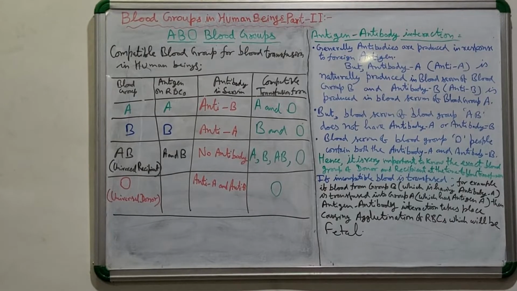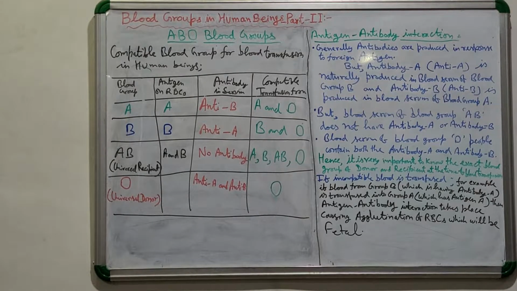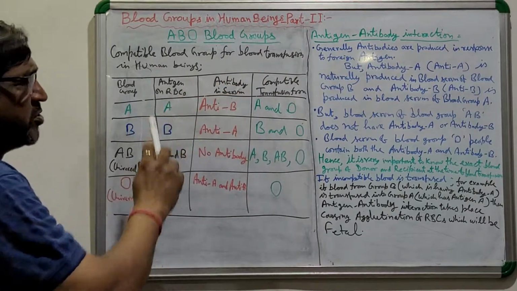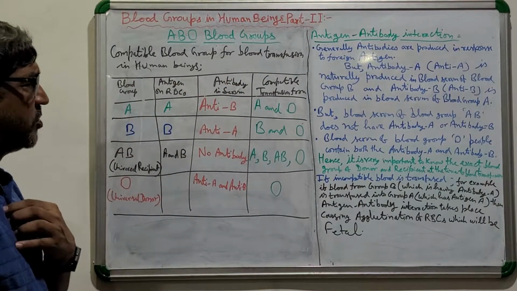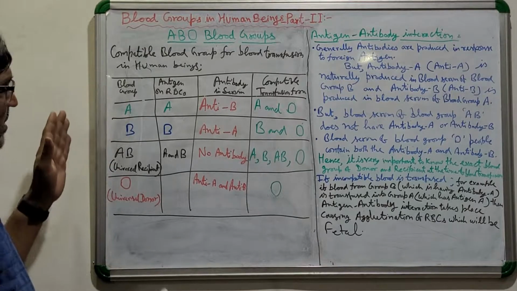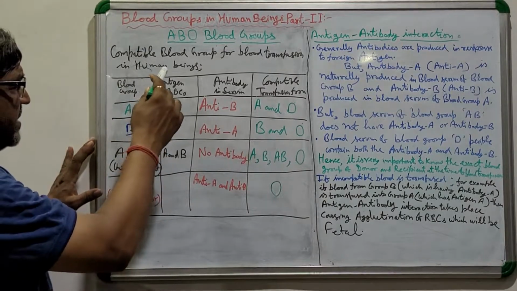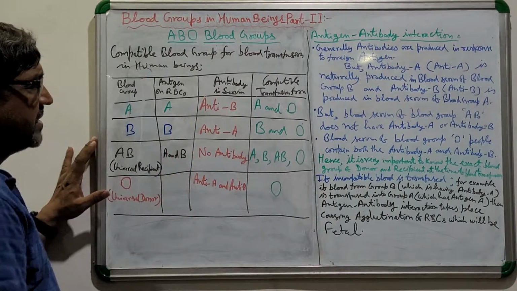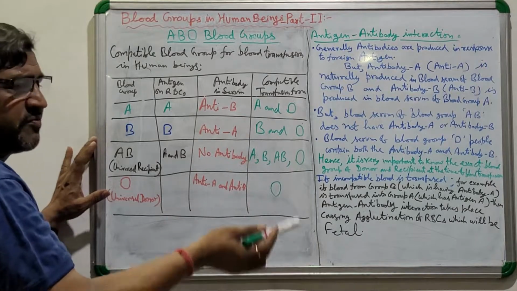So try to see the compatible blood group for blood transfusion in human beings, the ABO blood groups. You see the blood group, the antigen on RBCs, the antibody in the serum, the compatible transfusion from.